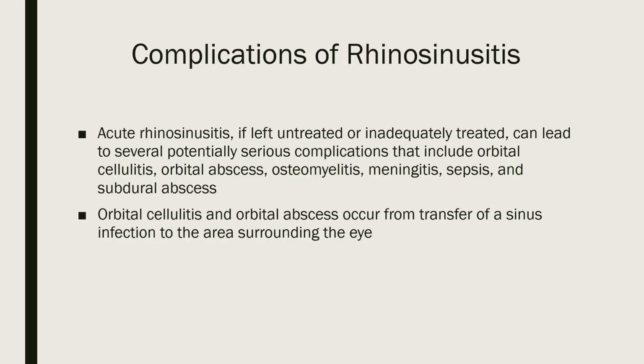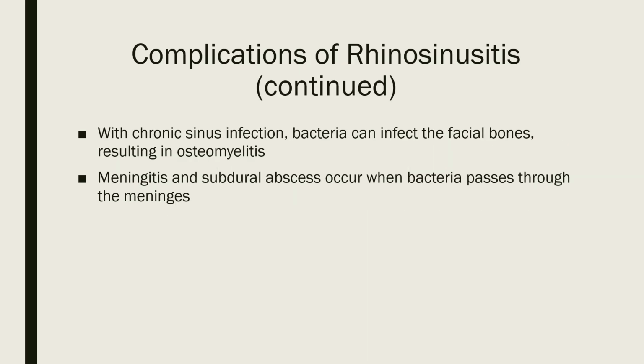Orbital cellulitis and orbital abscesses occur from transfer of a sinus infection to the area surrounding the eye. With chronic sinus infection, bacteria can infect the facial bones, resulting in osteomyelitis. Meningitis and subdural abscess occur when bacteria passes through the meninges.